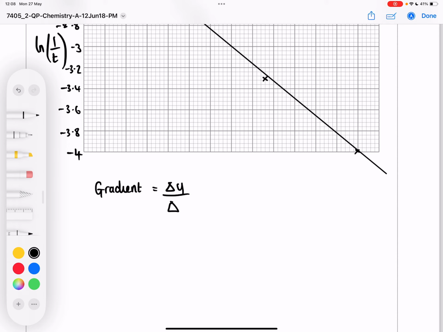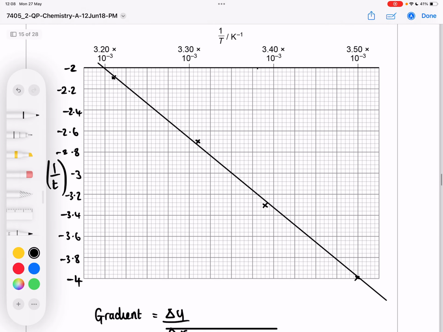So we need to do a change in y over a change in x. So we need to pick some points where we feel happy reading the graph. It almost goes nicely through the top up there, so we could go there.